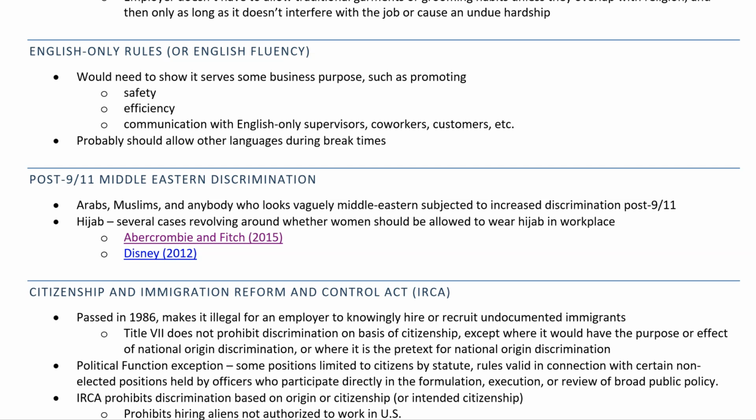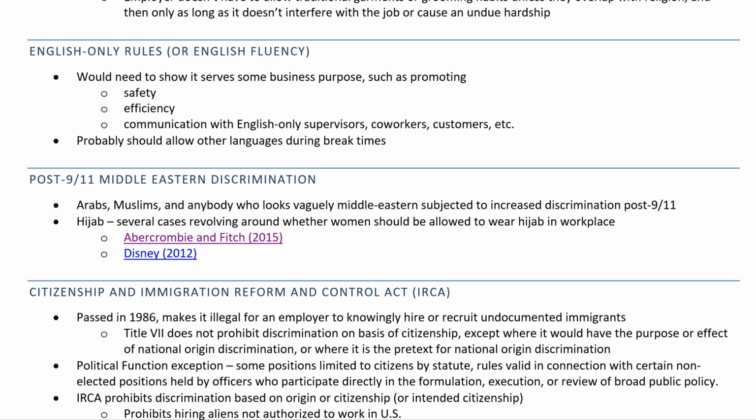For instance, if I can show that it serves some legitimate business purpose, such as promoting safety, which would be very easy to show, efficiency of the workplace, or communication with supervisors, coworkers, and customers who only speak English, then I can justify that rule.